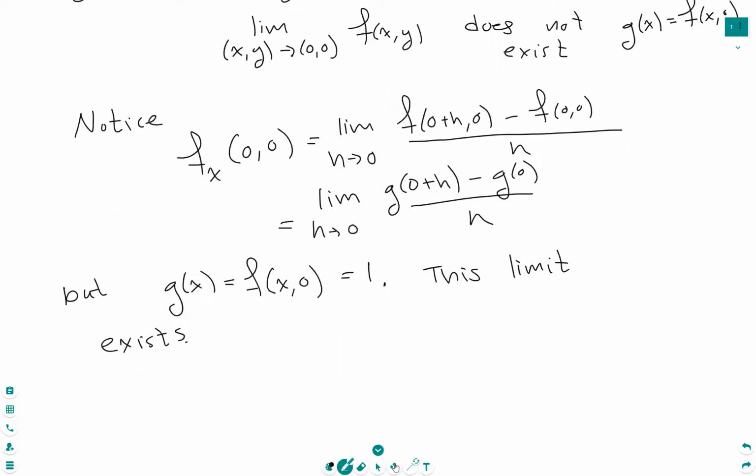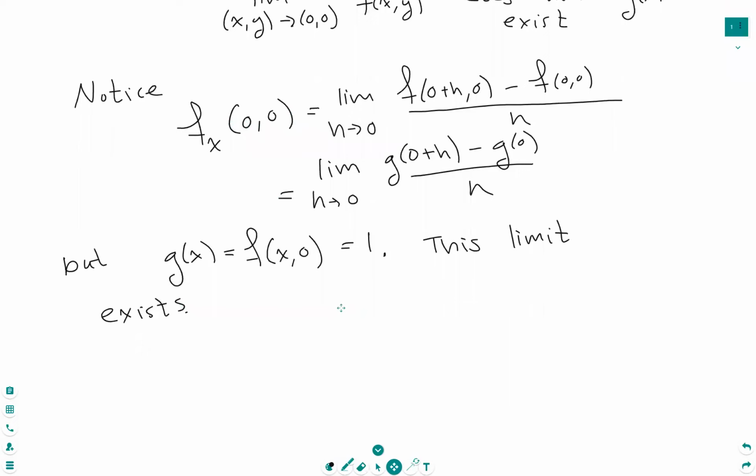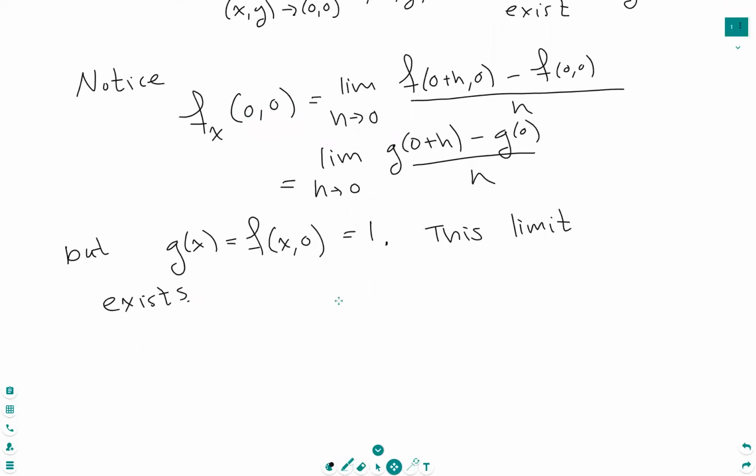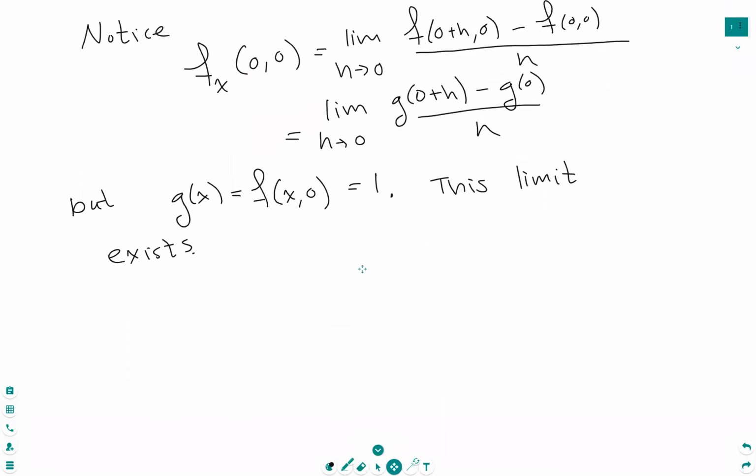So even though these derivatives at this location exist, the function is certainly not continuous at the origin, because limits from any single direction don't provide the same thing. That's the fundamental difference between differentiability and continuity: these partial derivatives have particular directions, but continuity implies that the limit approaching from any direction is the same.